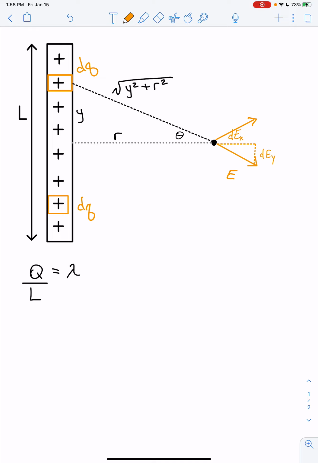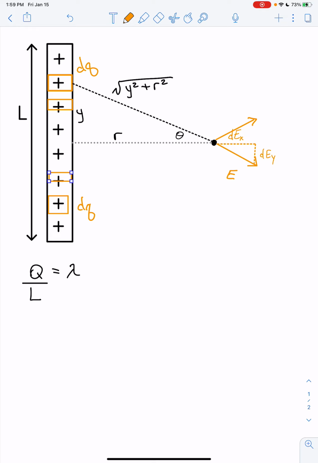And what you see here is that the y components cancel. So for every dq that we can create on this side of that center line, we can produce a dq on the other side that's going to have a symmetric contribution to the electric field.